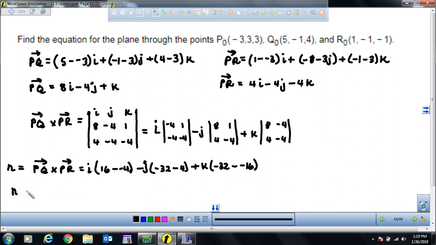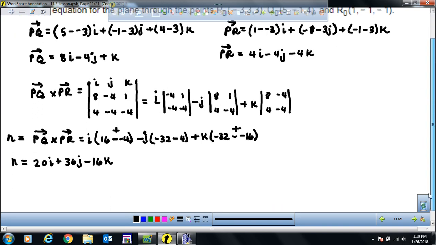So that normal vector is going to be 16 plus 4, which is 20i. Then negative 32 minus 4 is minus 36, and minus 36 times negative j would be plus 36j. And negative 32 plus 16 would be minus 16k.